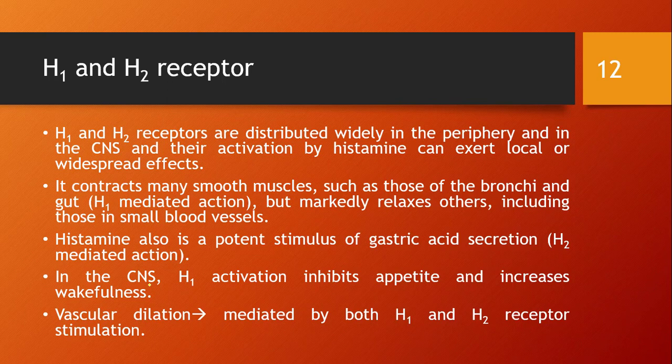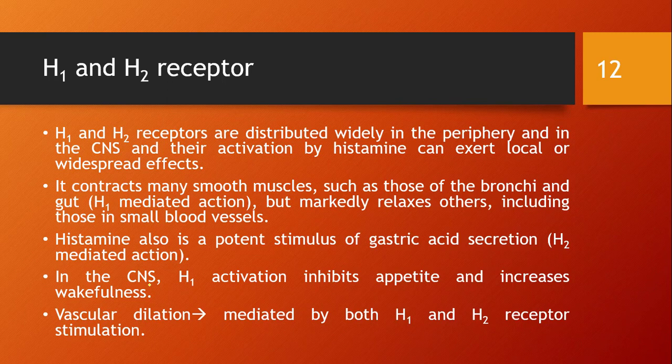But if it is acting on the CNS, then we can expect widespread effects. So it contracts many smooth muscles such as those of the bronchi and the gut, which are H1 mediated actions. But they markedly relax others, which include those in the small blood vessels.